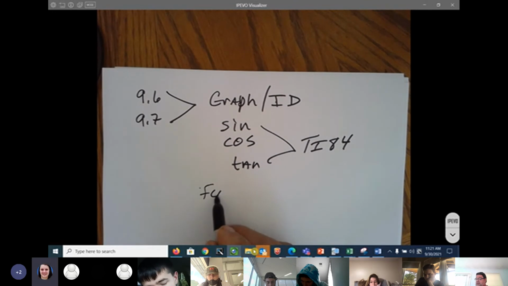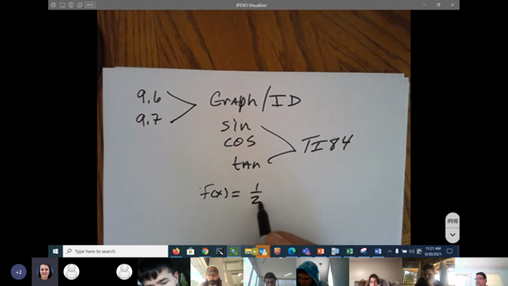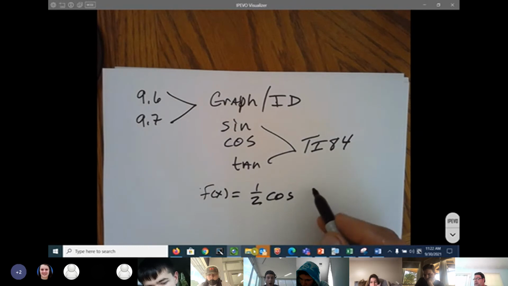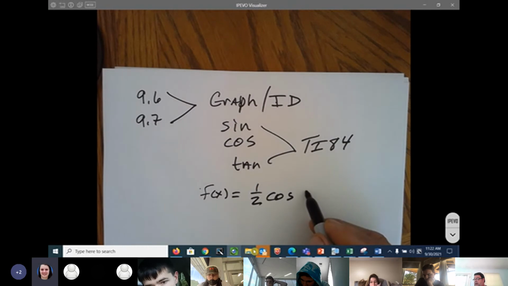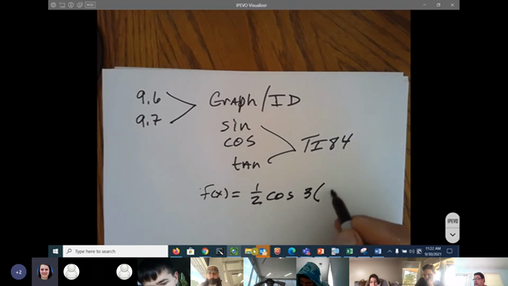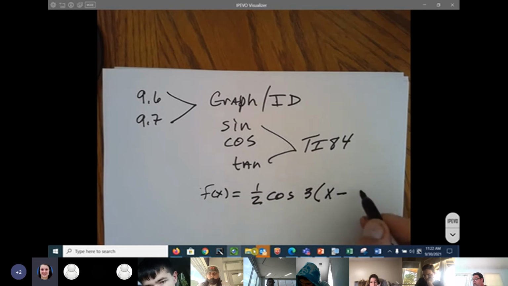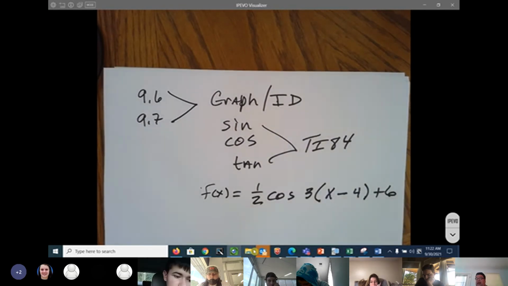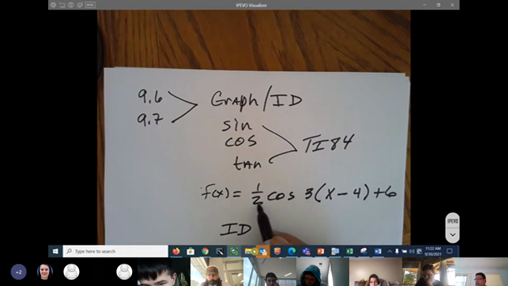F of x is equal to 1/2 cosine of 3x minus 4 plus 6. And I'll ask you to identify all of those things that are on that sheet. So here's the amplitude. So that means it's going to be wide.